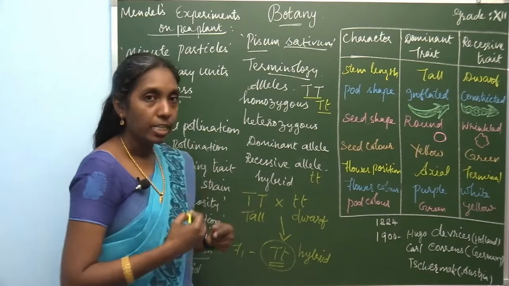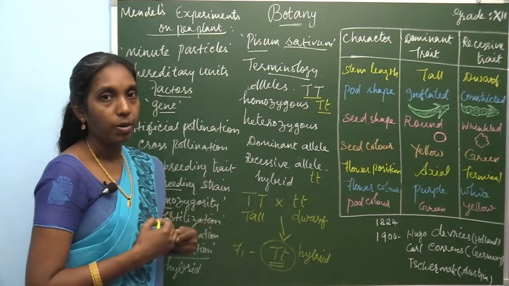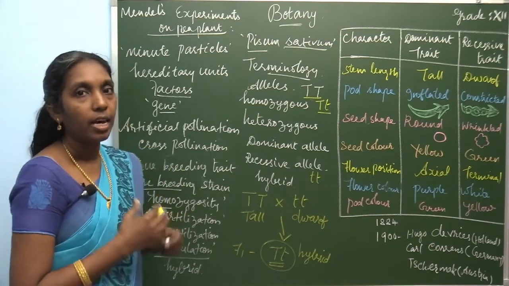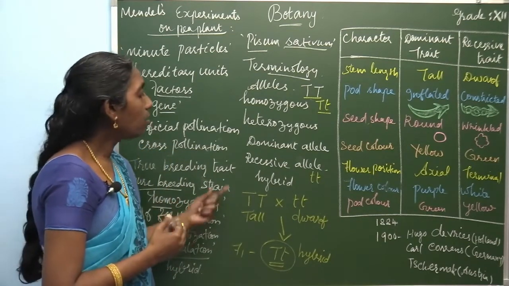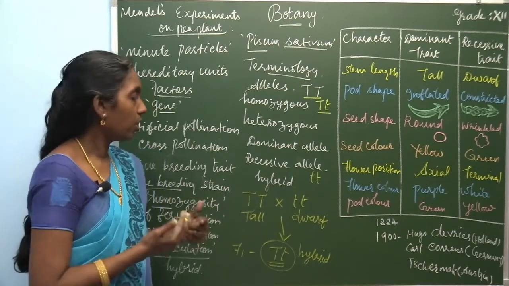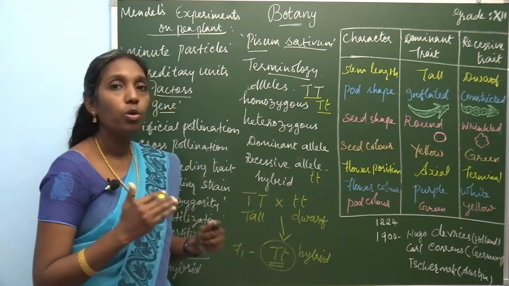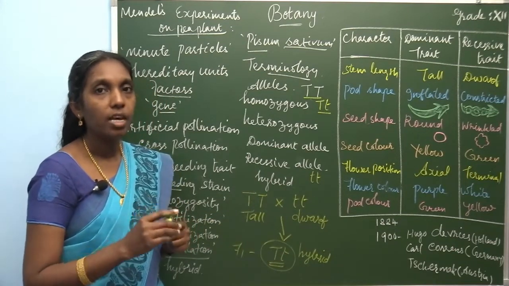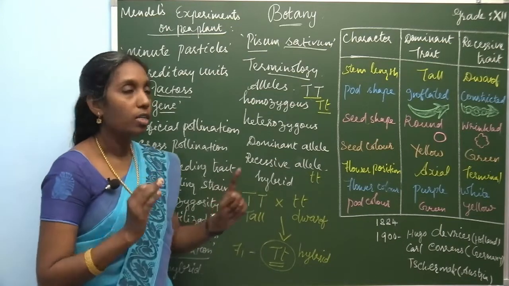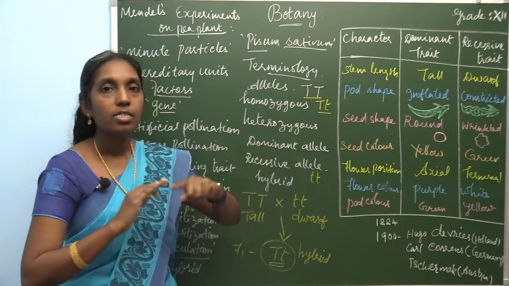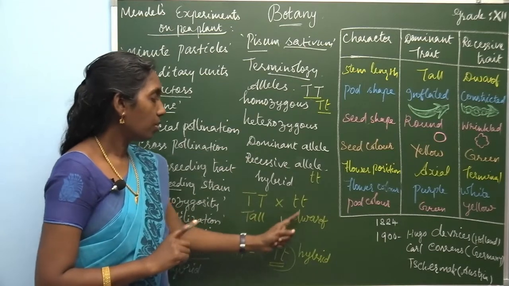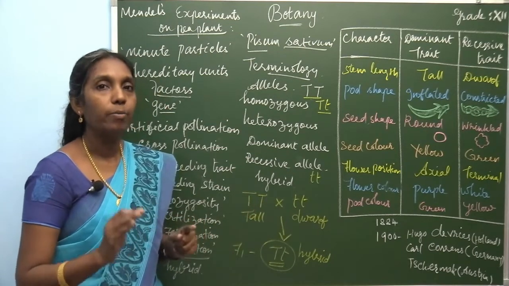Now, based on Mendel's experiments, he proposed the rules and laws, based on the monohybrid cross. There are monohybrid cross and dihybrid cross according to Mendel. Monohybrid means a single trait is under consideration. Here, in stem length, only one character is considered, and this cross is known as a monohybrid cross.